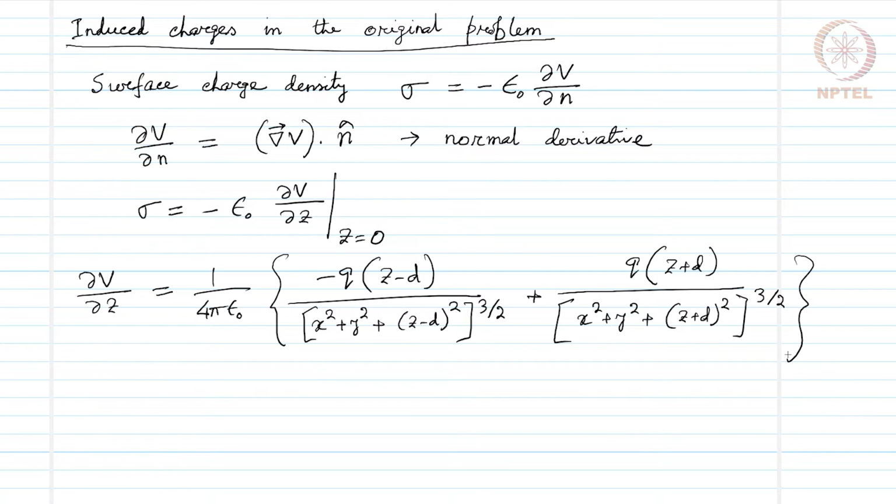Now, this is del V del z, and we want to find del V del z at z equals 0. So, we will set 0 here for z and 0 here for z also at the numerator, and we will be left with.